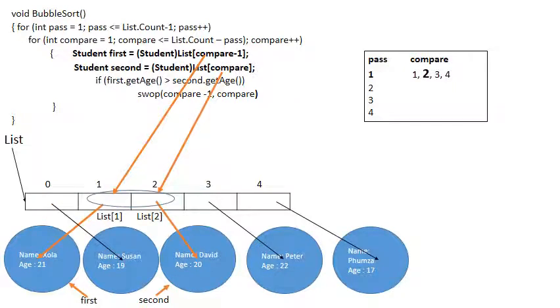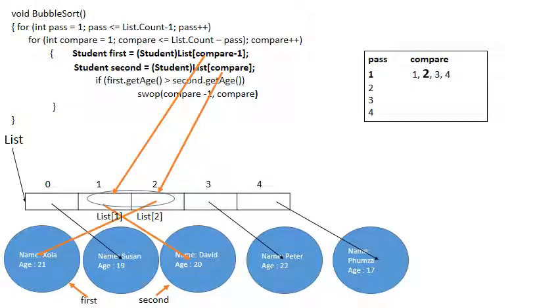Okay, so now we do the second comparison in the first pass. Notice compare becomes 2, and we're comparing list 1 with list 2. So first points to list 1, second points to list 2, and you'll notice that first is Xhola, who is 21, and second is David, who is 20. So we expect Xhola and David to swap.